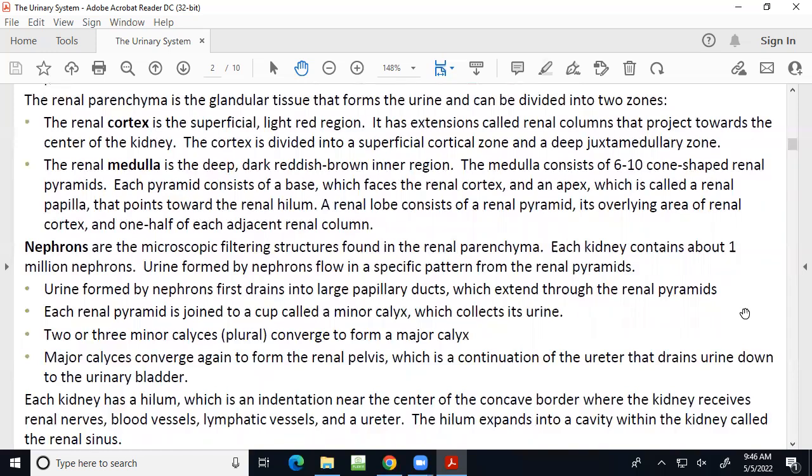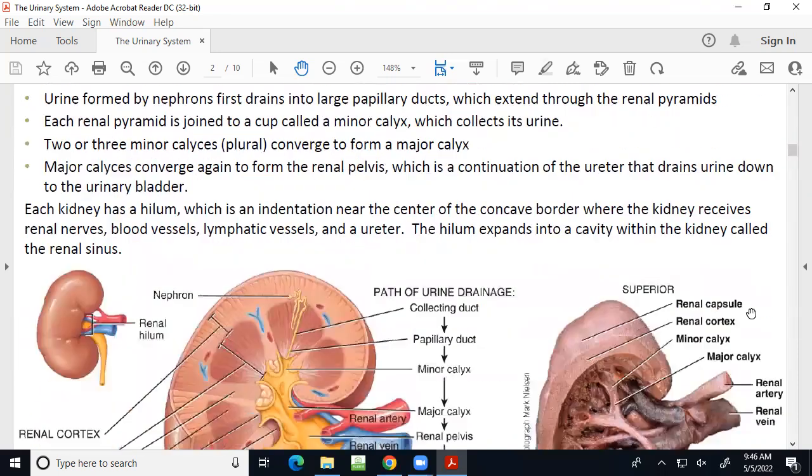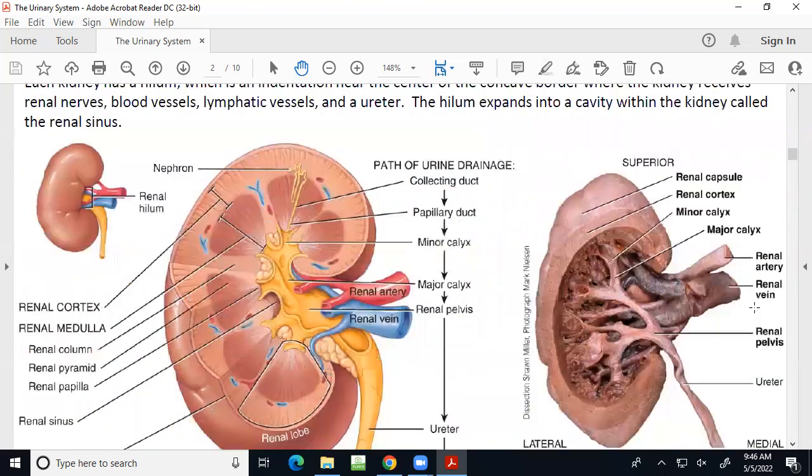renal medulla. The renal cortex is the superficial light red region, and you can see it labeled here in our real cadaver image, but it's a lot easier to tell it apart over here in our animated version.